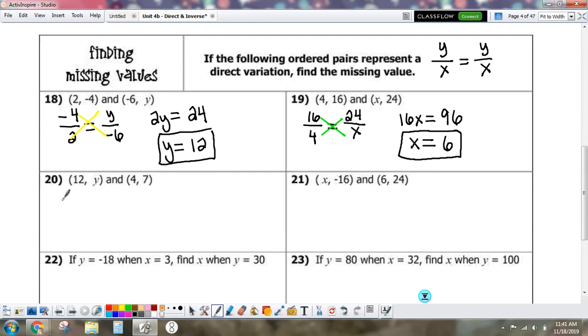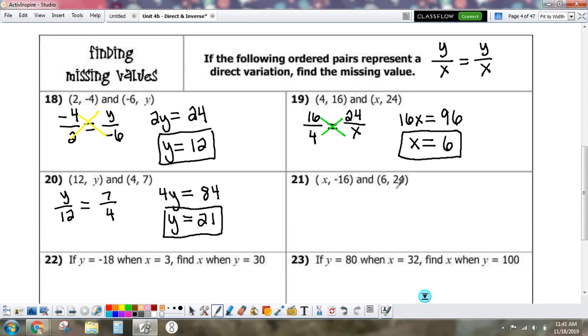For 20, same idea, your y over your x equals your y over your x. So 4y equals 12 times 7, which is 84. Divide both sides by 4 to get that y by itself, and we get 21 is our y value.